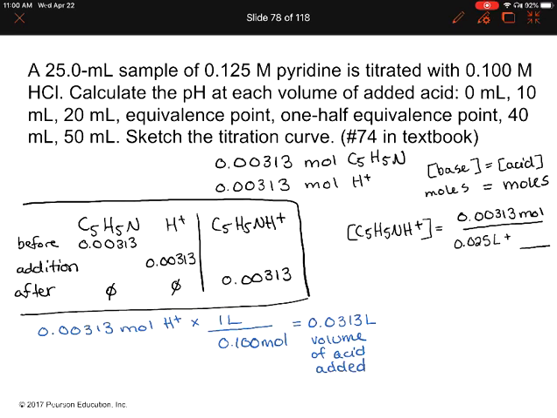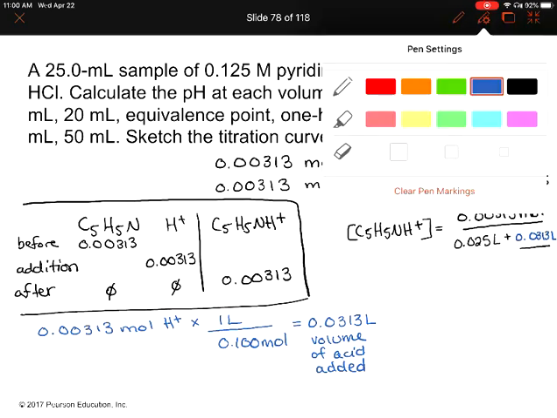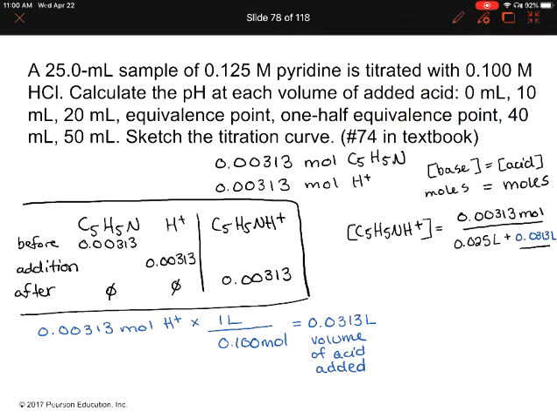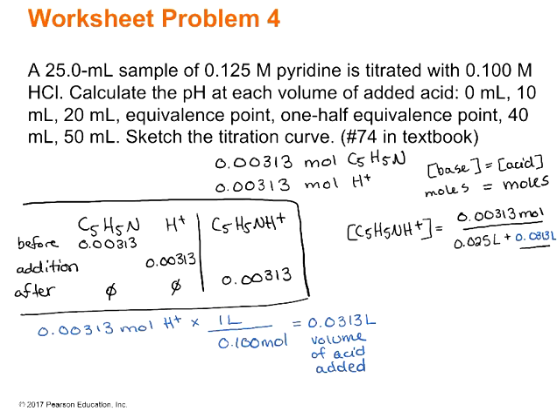Okay, so we're going to plug that into our equation up above. So that total volume will be 0.025 liters plus 0.0313 liters. Now, calculating the volume here is also important because we're plotting this graph later, and it's volume versus pH. So we do need to know the volume of added acid anyway, so that works out.